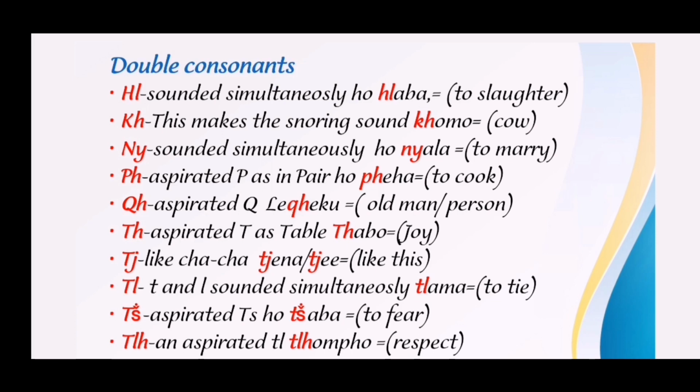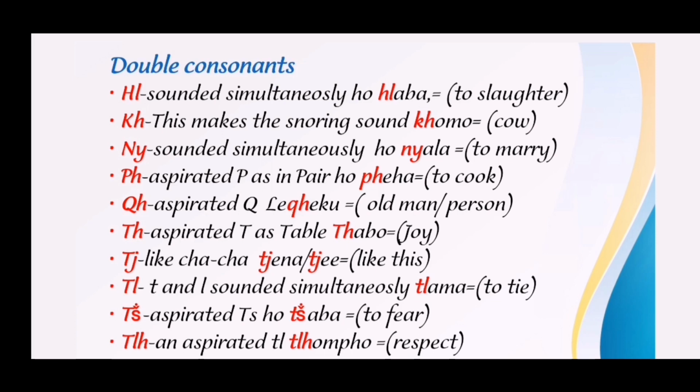So we've got double consonants: HL, KH, NY, PH, QH, this is one of the click sounds, TH, TJ, TL, TS with the diacritic S, TLH.